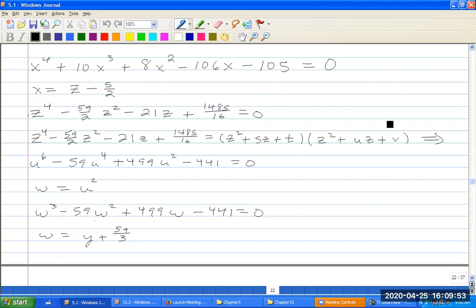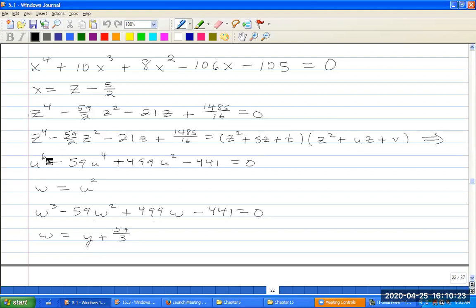So if I do that and I equate coefficients, then I can find an equation in u. So I get u to the sixth minus 59 u to the fourth plus 499 u squared minus 441 is equal to 0.